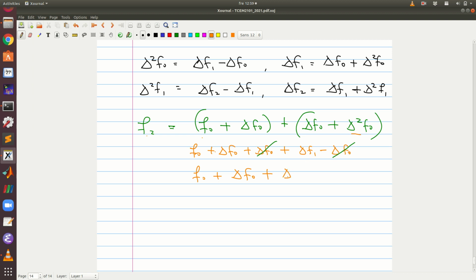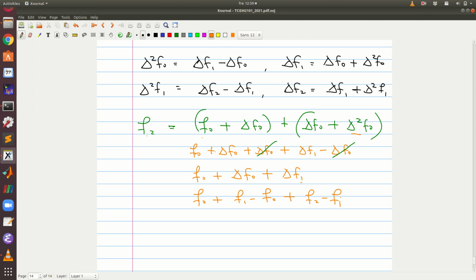Let us expand this also. This is f0, the forward difference at f1 is f1 minus f0, then the forward difference at f1 is f2 minus f1.